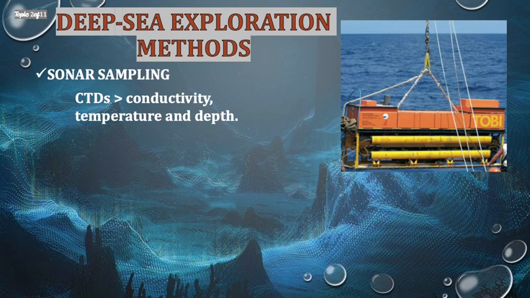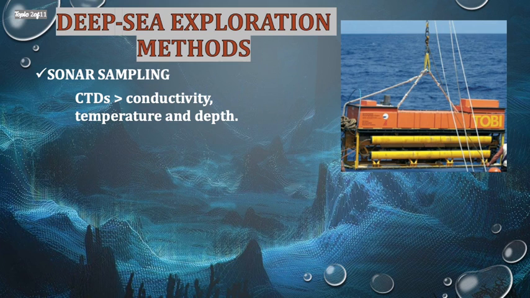Scientists use sonar like CTDs to first determine the geophysical characteristics of the oceans, or the habitat of the marine organisms that live there. Marine biologists are really interested in that. The CTD can measure, for example, conductivity, temperature, and depth using the sonar signal.